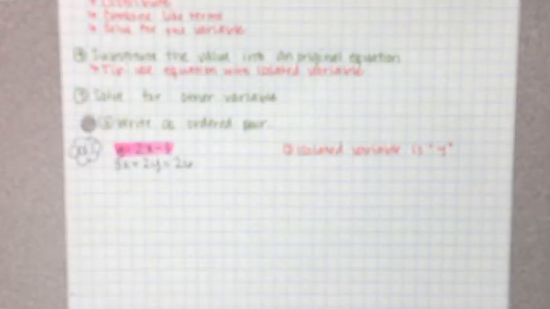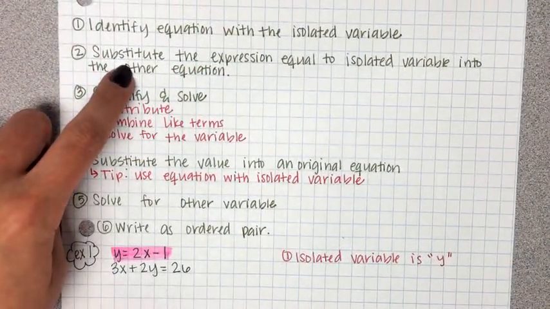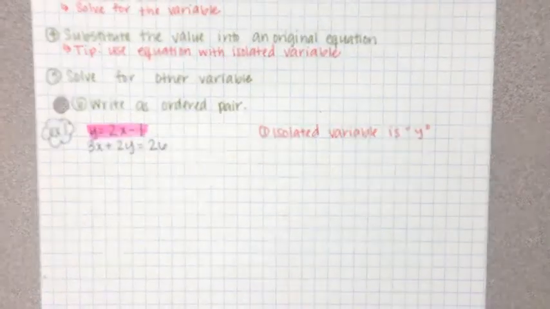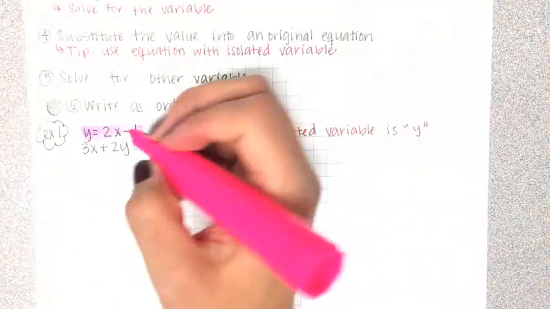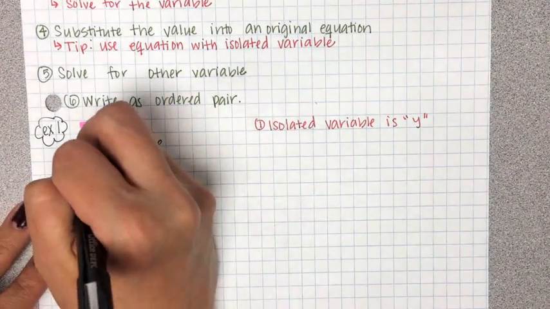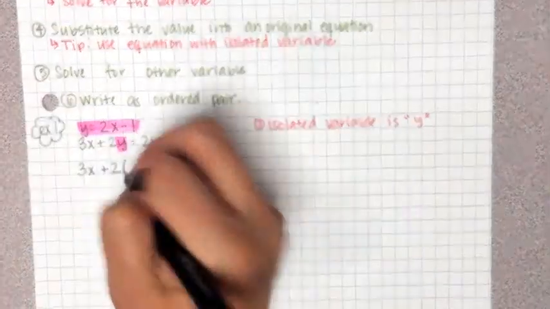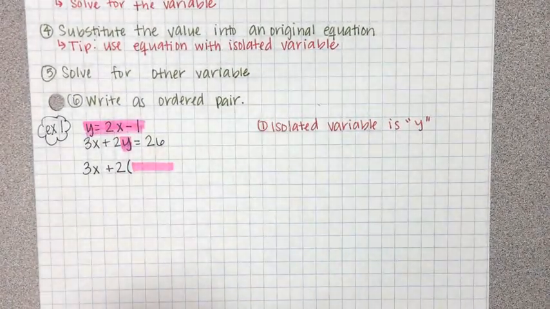Maybe it'll focus here for you in a little bit. Focus. So step 2 is to substitute that expression into the other equation. So I'm going to take this and I'm going to substitute in for y right here. So that's 3x plus 2, and now instead of y, I'm taking this stuff right here, 2x minus 1.